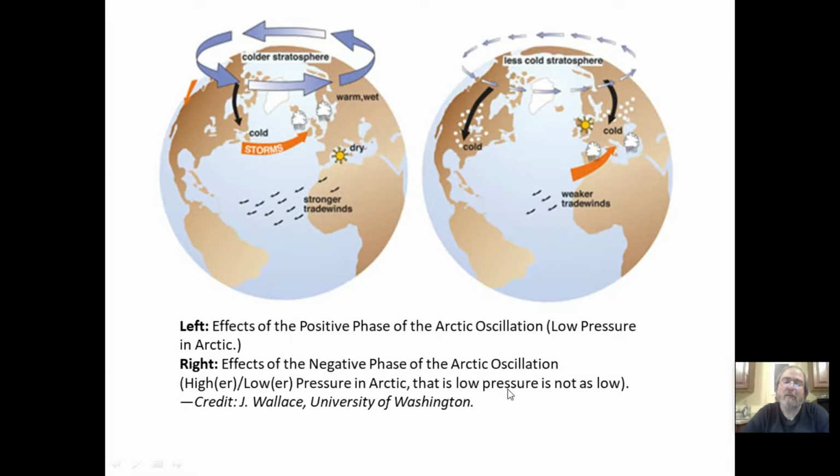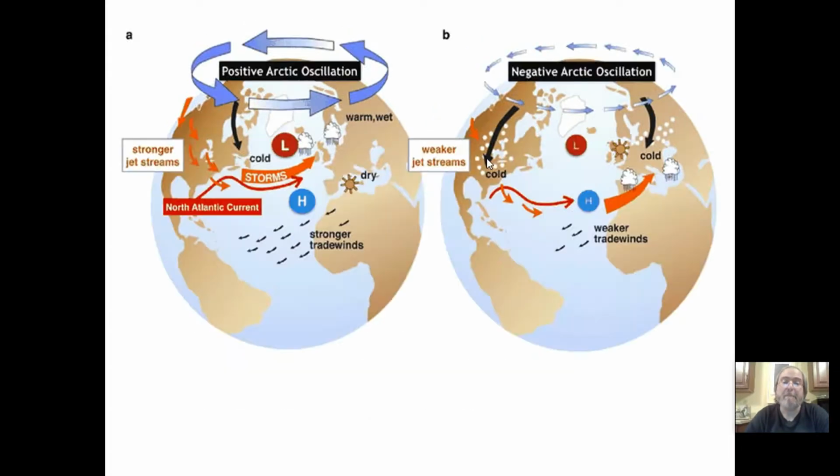Sometimes the low pressure is not as low. It will still be low, but it will be higher relative to the other situation. But basically, in the positive phase, the cold is confined to the polar region. In the negative phase, it spills out. That's the take home. And that will then affect the temperature and precipitation pattern as I have described in the previous slides.